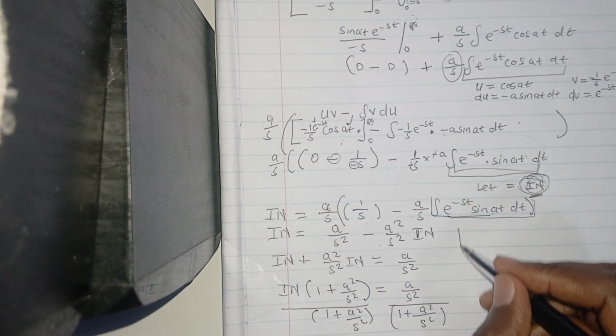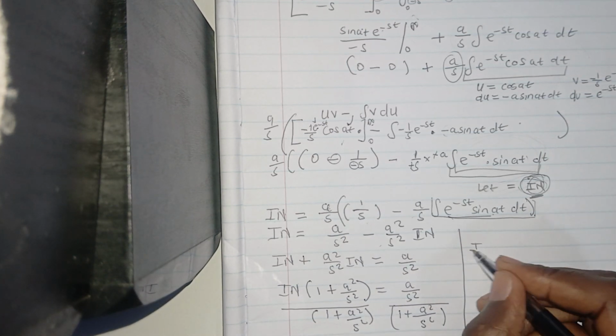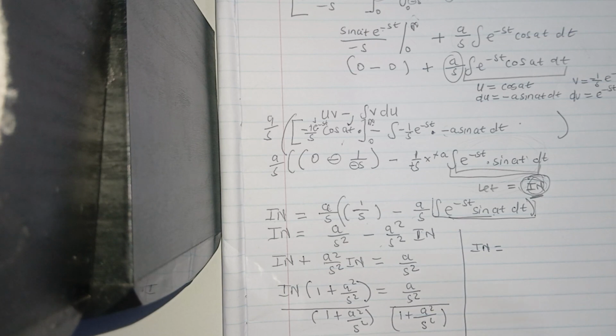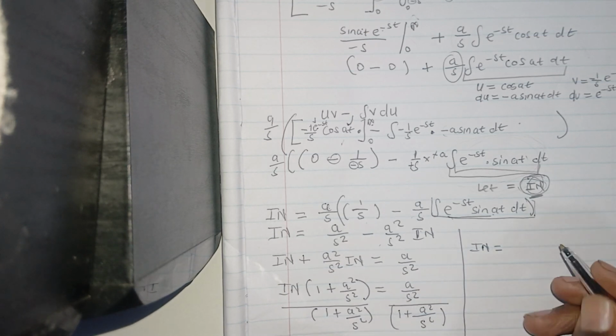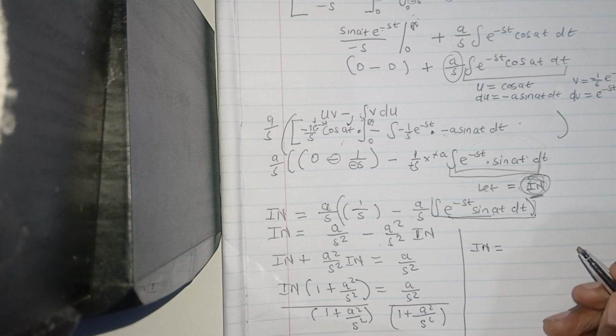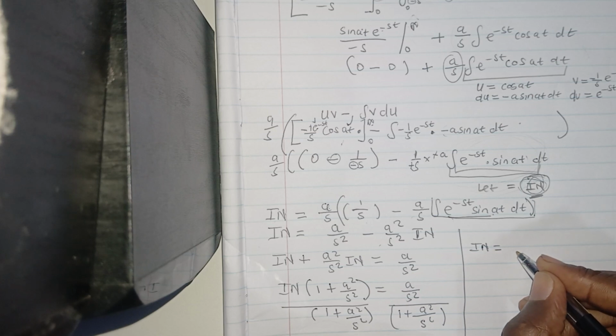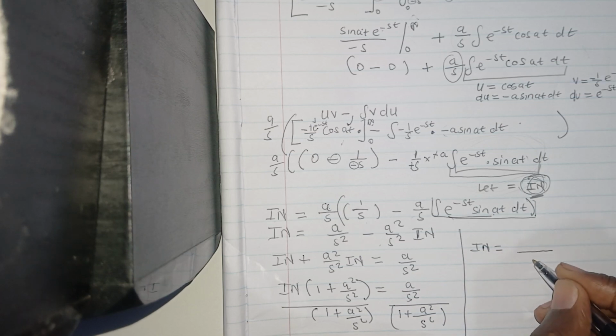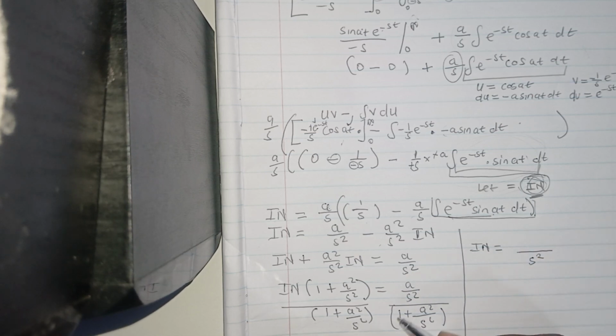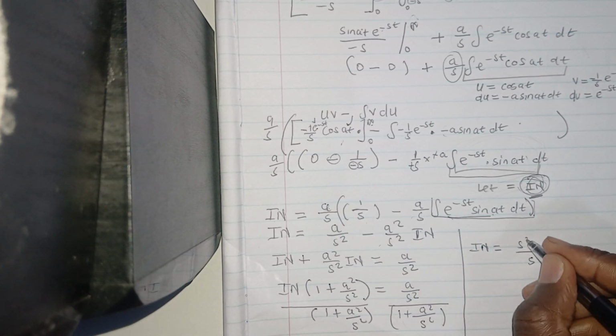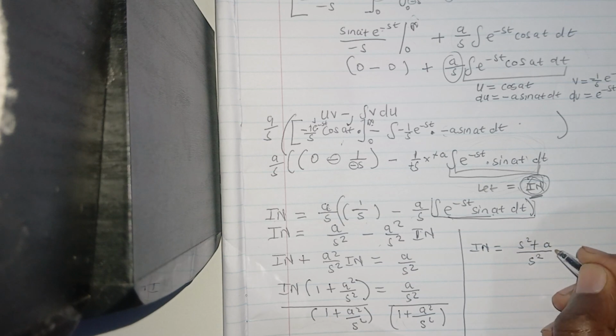So we're going to have I_n equal to, let us just change this to something like s squared. We're doing this fraction, we have learned this, plus a squared.